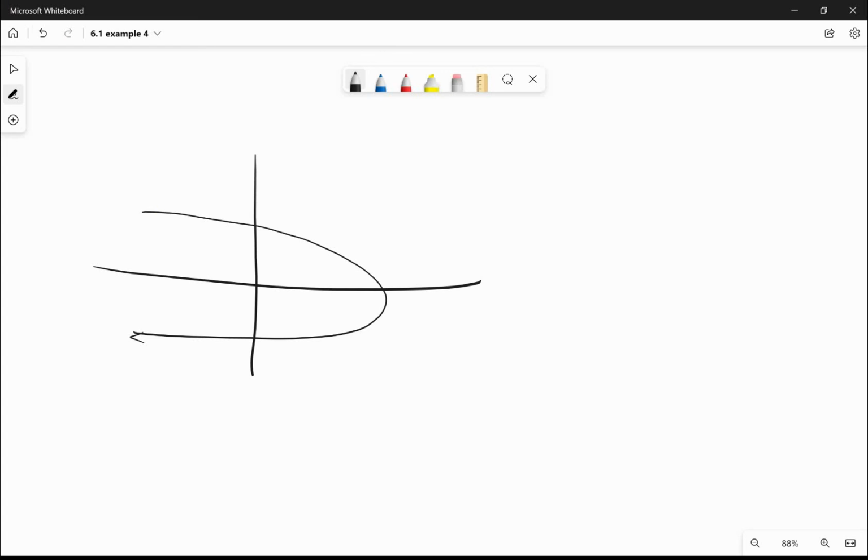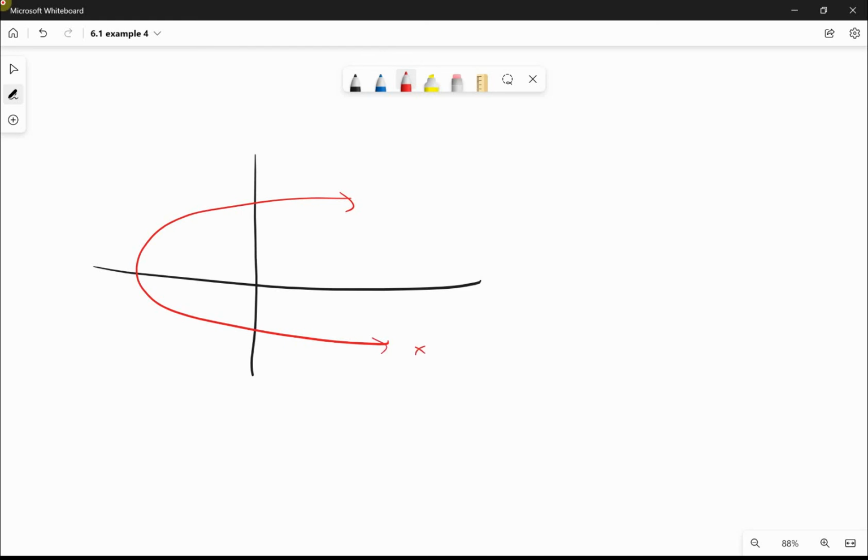We'll do red for our first curve, which was x equals y squared minus 9, and let's do blue for the second curve, which was x equals 9 minus y squared.